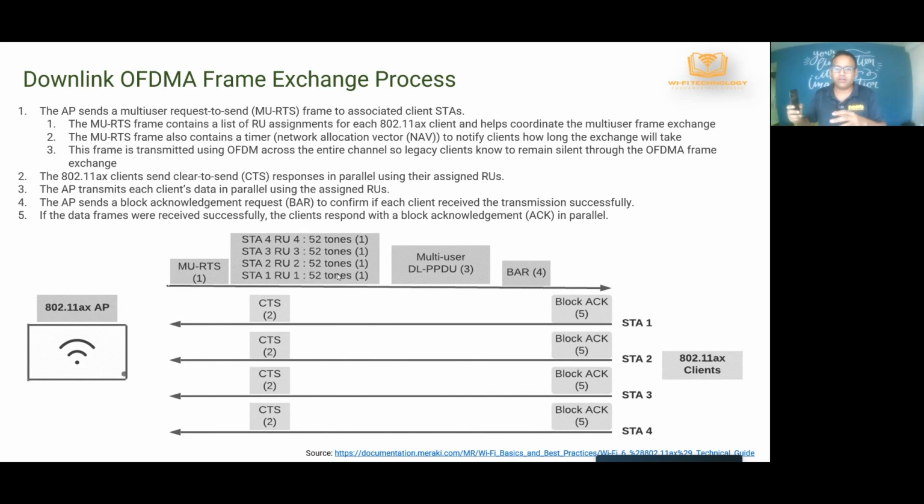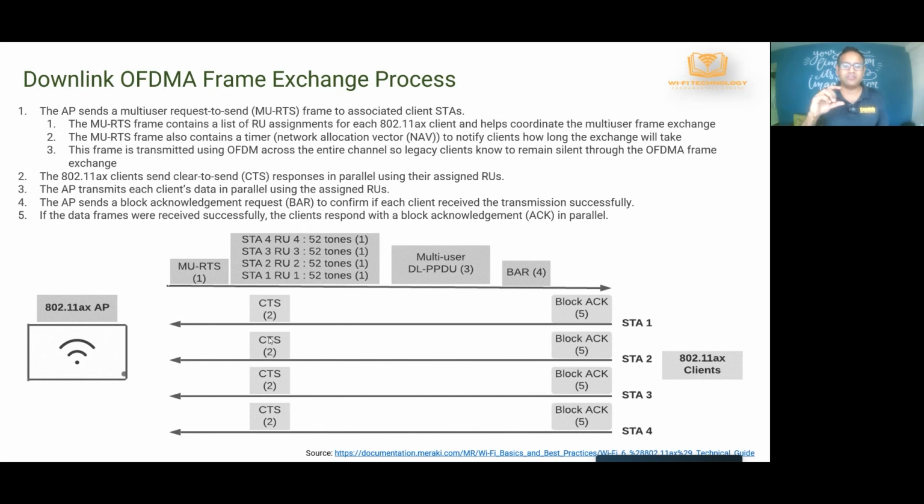Which means that all 4 of them are transmitting simultaneously, at the exact same time. And so that's what you see here. All 4 stations are transmitting in their respective allocated RUs, and that is also a confirmation to the access point that the stations are going to use those resource units, those tones, for their transmission.